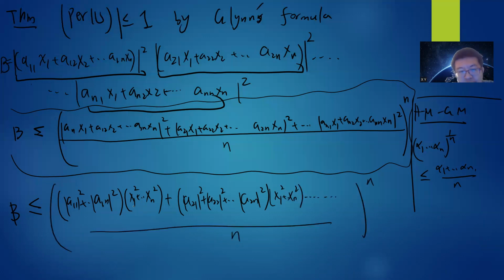And let's say all these are n, right? So we can cancel all of this out, they all cancel out, so we have this.